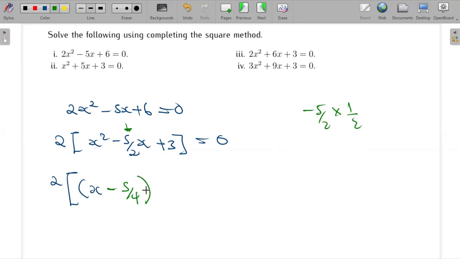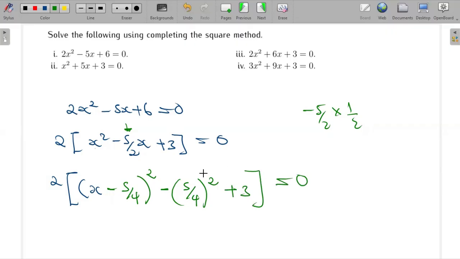Then you close the bracket, without the x, and you have x squared, and then you always say minus. Next, you take this same half coefficient and square it. Then you add the 3, close, and equal to 0.